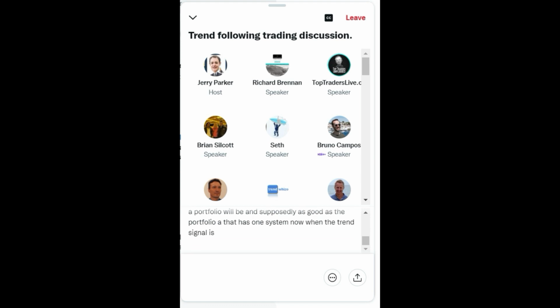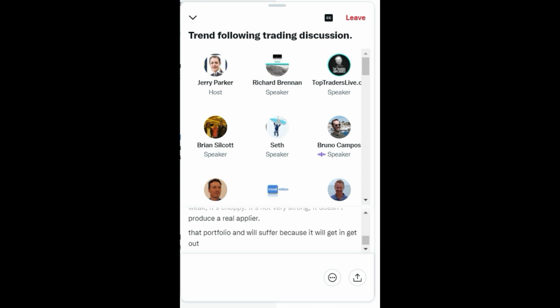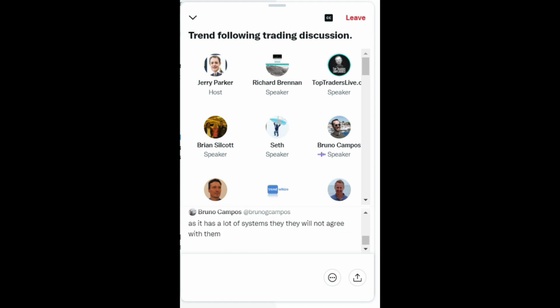Now, when the trend signal is weak, or let's say the trend itself is weak, it's choppy, it's not very strong, it doesn't produce a real outlier, portfolio A will suffer because it will get in, get out, get all that whipsaw we wish we could avoid. Now, the systems will not agree with themselves.